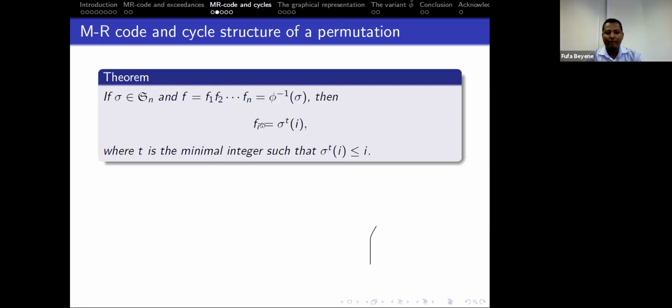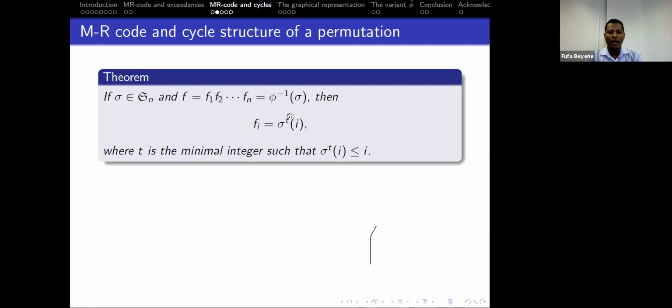Now, f_i, the i-th entry of f, is calculated by sigma to the power t of i, where t is the minimum positive integer such that sigma^t(i) is less than or equal to i.